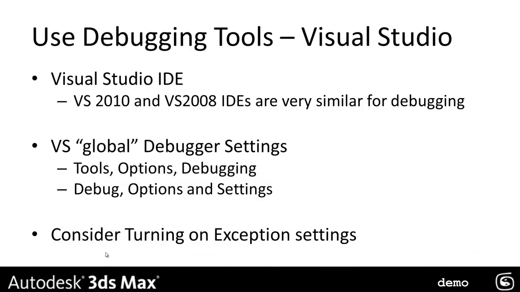And then that leads us to the Visual Studio debugging tools. So first of all, 2012 version of 3ds Max and also 2011 use the Visual Studio 2008 compiler, which is Visual C++ 9.